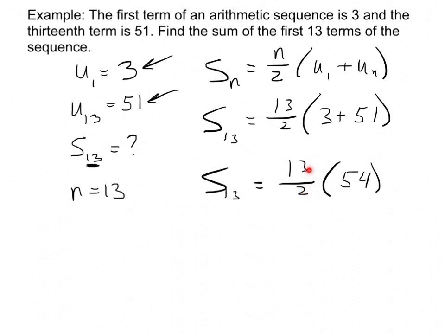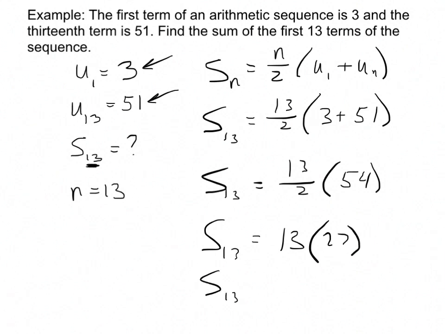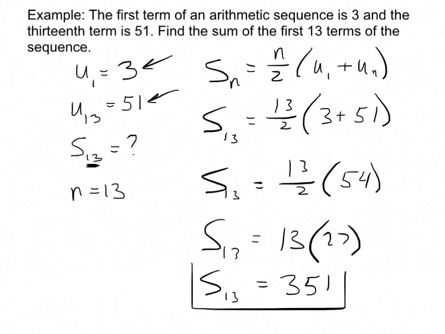If the 2 doesn't go into the 13, it'll generally go into the 54. So you can say S13 is 13 times 54 divided by 2, which is 27. And you can either multiply that out by hand or get a calculator for it. Either way, I'm getting 351 here as the sum of the first 13 terms of this sequence. Okay? Very simple when they're asked this way.